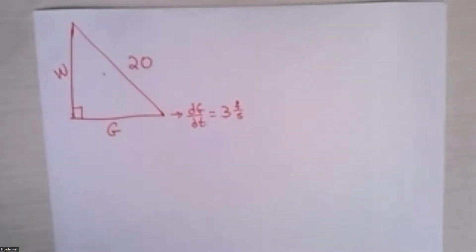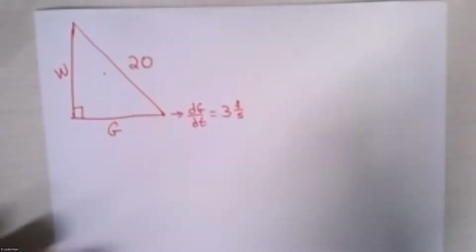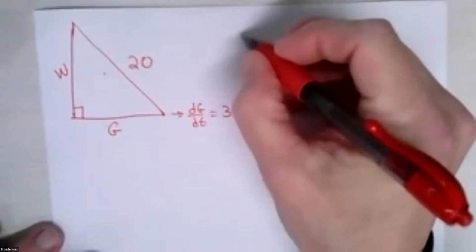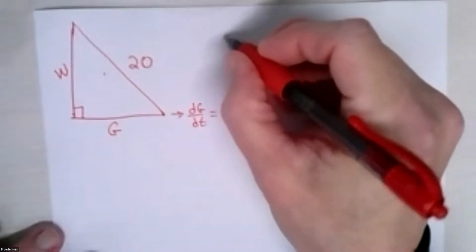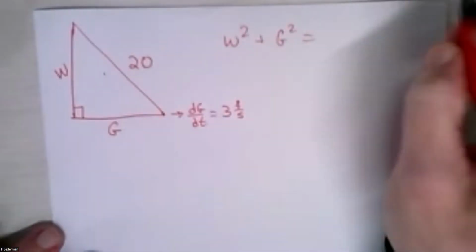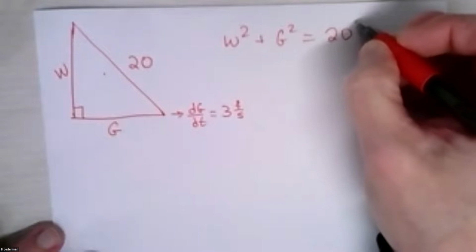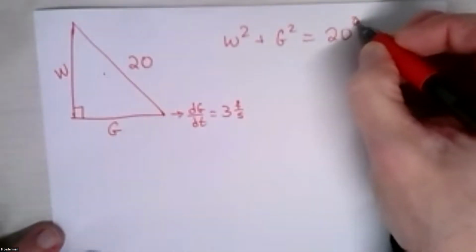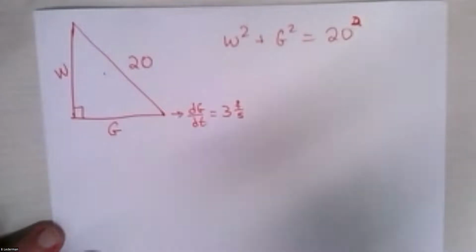Even though they don't give us W, W is related to G because they're in the same triangle. And there is a very famous formula that relates the sides of a right triangle, known as the Pythagorean Theorem. That tells me that W squared plus G squared equals 20 squared.